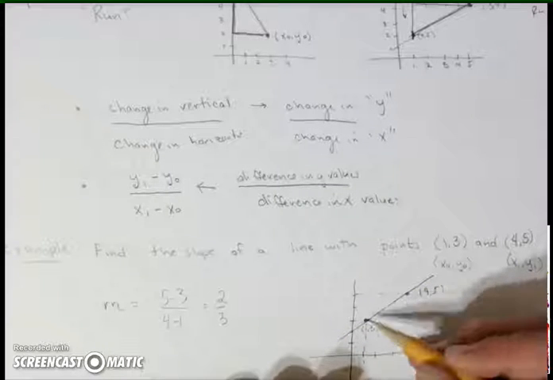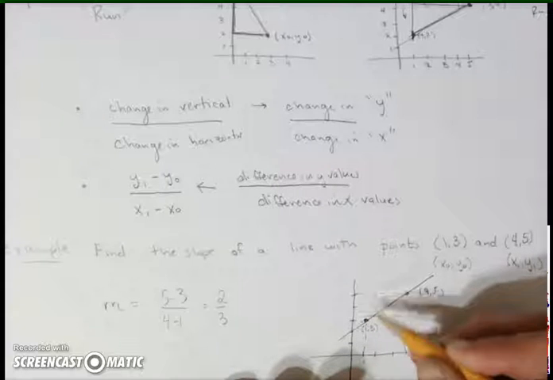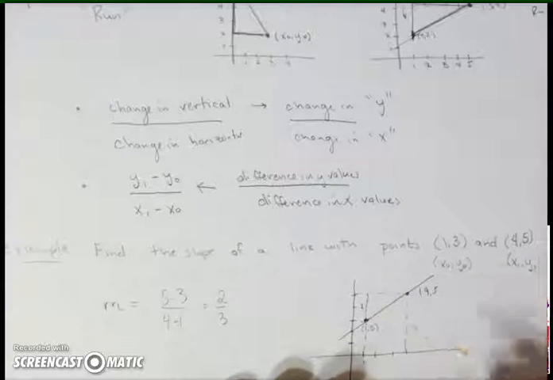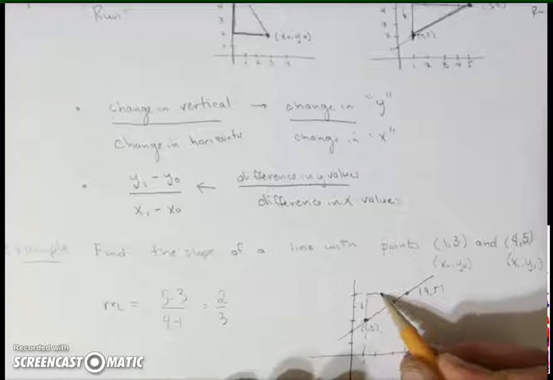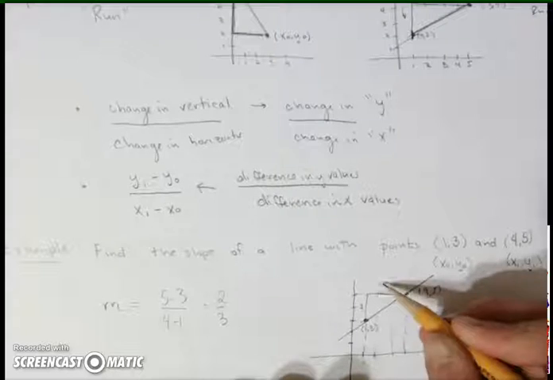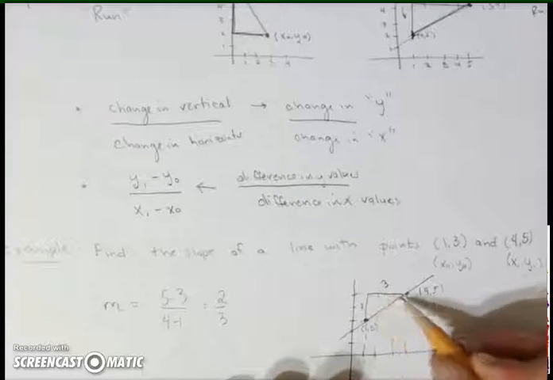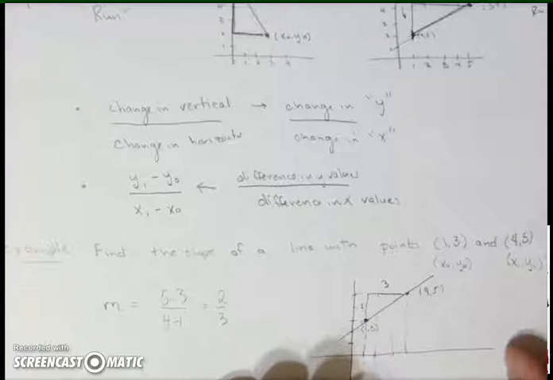To figure out the slope, I look at the rise, 1, 2, so that length is 2, over the run, 1, 2, 3. See, I've gone 3. And then the slope is just going to be 2 over 3, and it's positive because this is increasing.